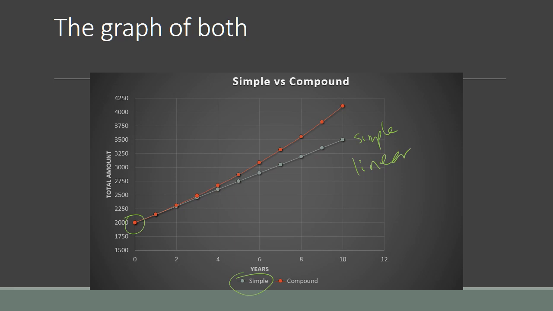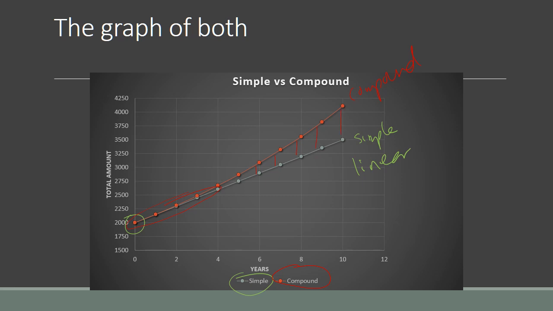If you look at the other one, though, the red one, that's compound. In the first several years here, there's not a ton of difference. However, the gap between these two starts to grow.